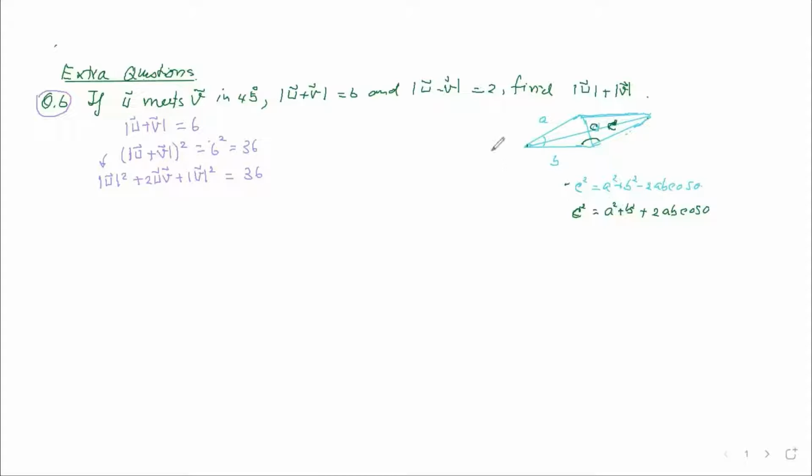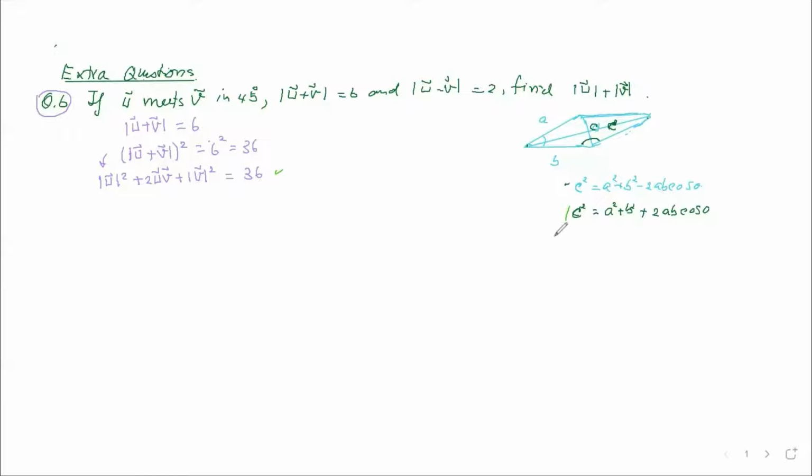And then, if at the same time we apply this formula to the vector equation, you just write it down. The absolute value can be written equal to this formula.